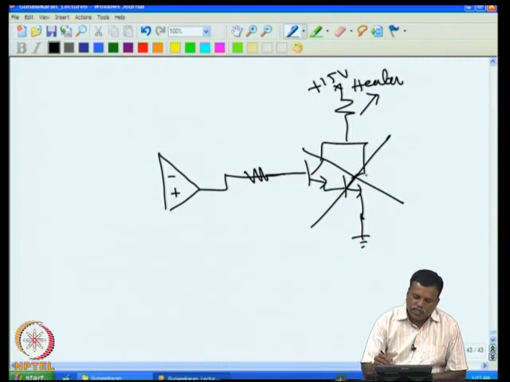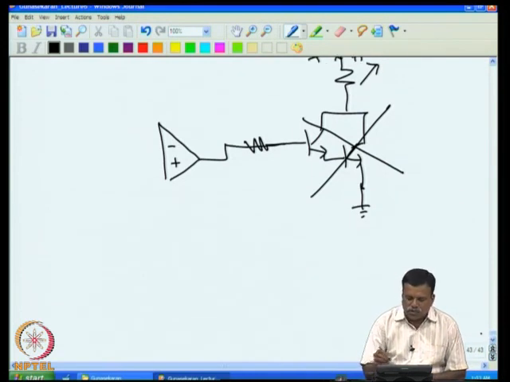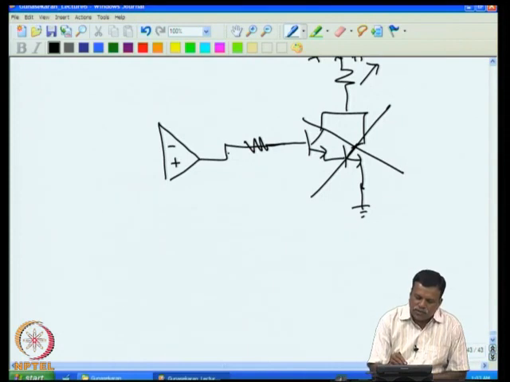So if I want a heater voltage higher than 15 volt, what can we do? We have to make sure the voltage change here produces a linear voltage change at this point.